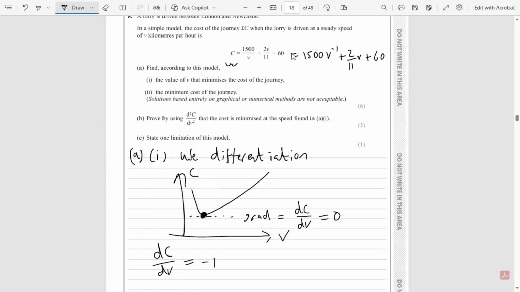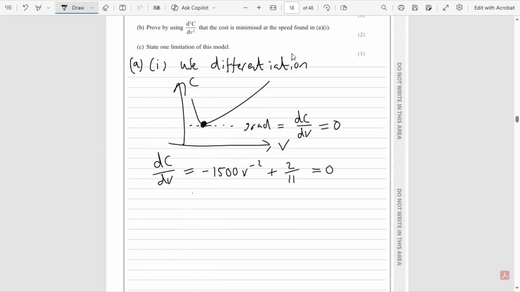This gives minus 1,500 V to the minus 2 plus 2 over 11. We set this equal to 0, and rewrite V to the minus 2 as 1 over V squared: negative 1,500 over V squared plus 2 over 11 equals 0.